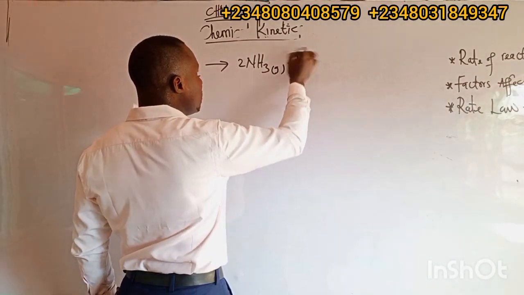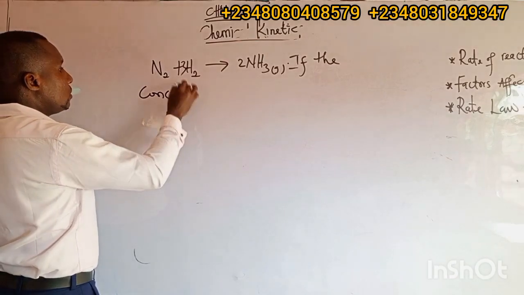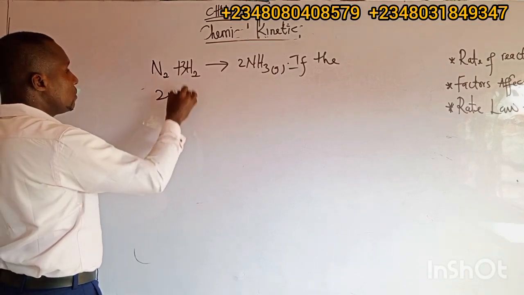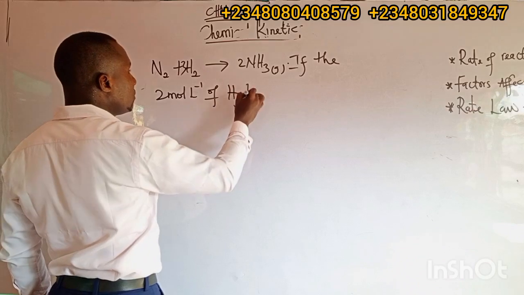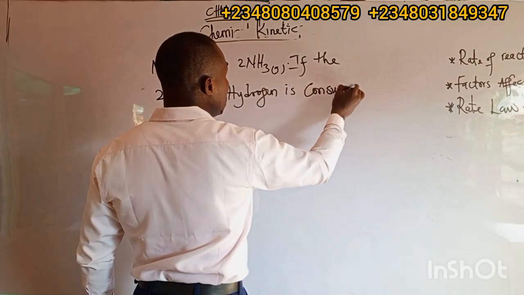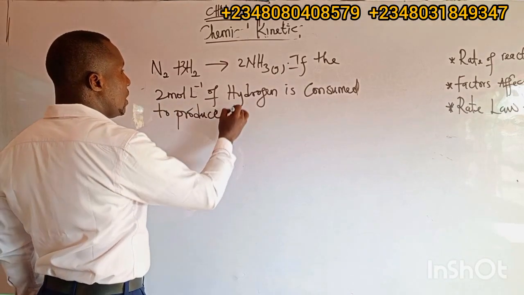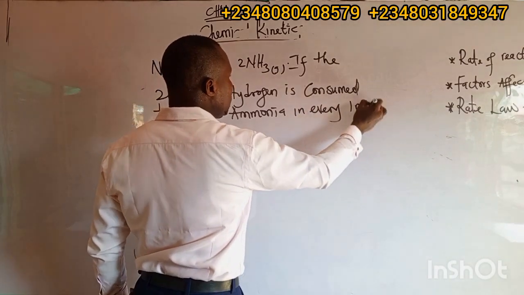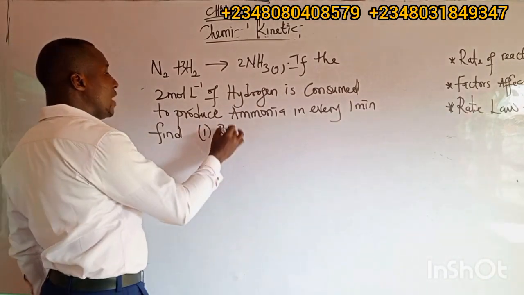In the reaction, if 2 moles per liter of hydrogen gas is used or consumed to produce ammonia in every 1 minute, find: Roman figure 1, rate of reaction.